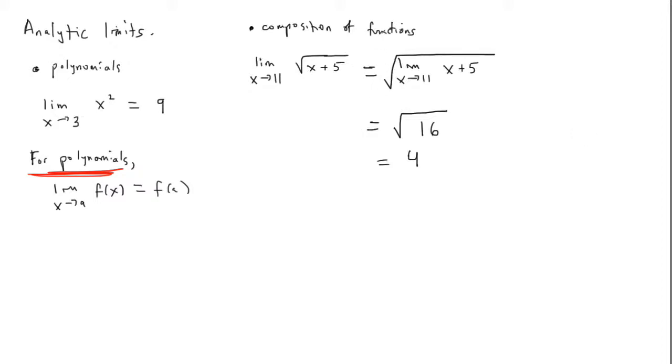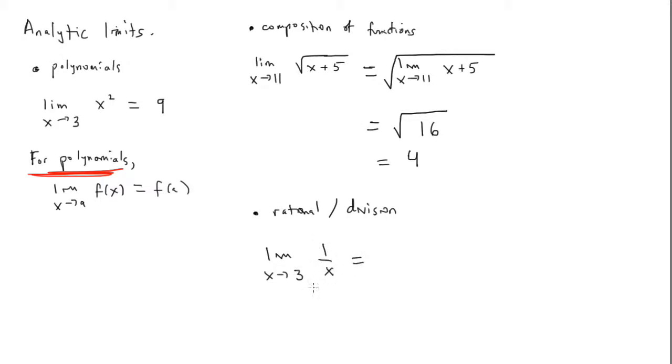Okay, and then the last example would be something like division. We'll call this rational functions or division. Let's say we were considering the limit as x goes to 3 of 1 over x.